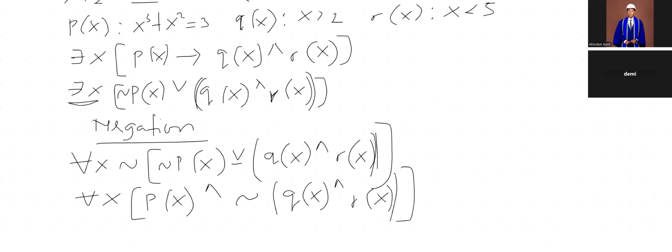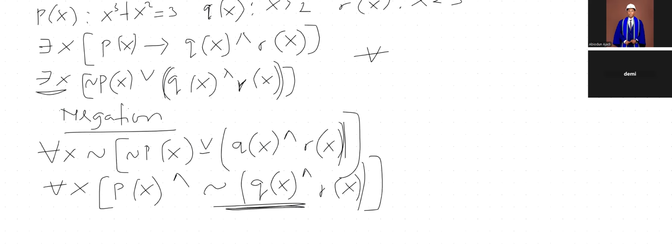So we're going to have for all x, p of x, and then when we make use of this, it's going to be the negation of q of x, and this turns to or, and the negation of r of x. So this is our negation.